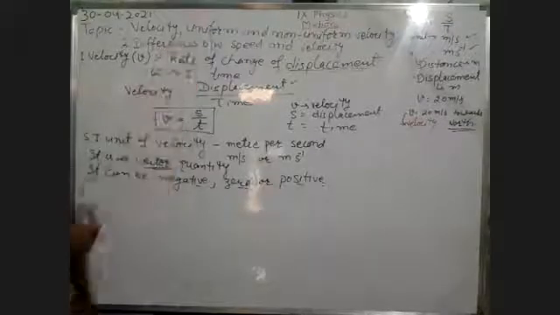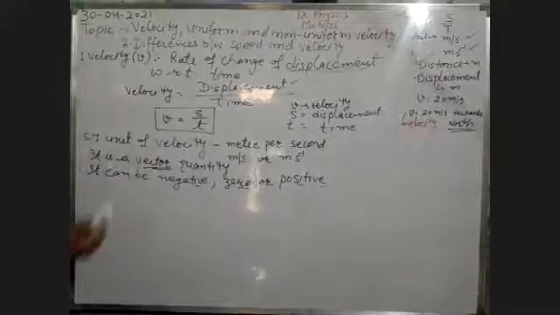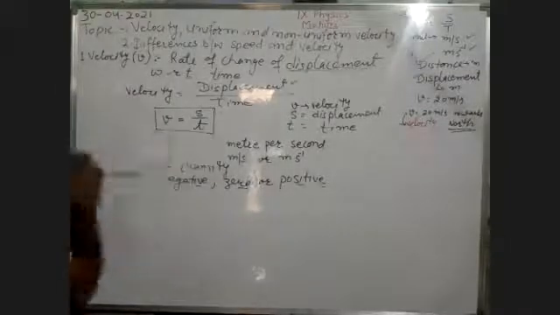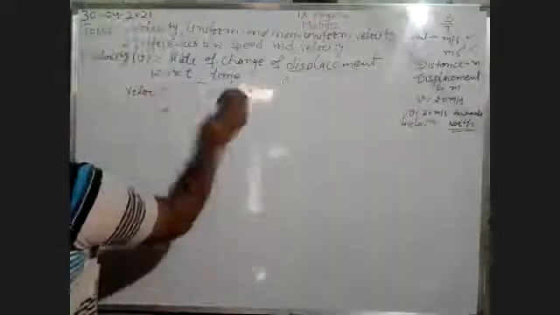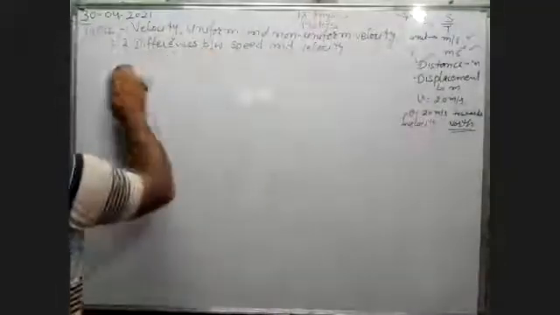Now we will discuss uniform velocity and non-uniform velocity. As we have discussed uniform motion and non-uniform motion, in the same way we can discuss uniform velocity and non-uniform velocity.